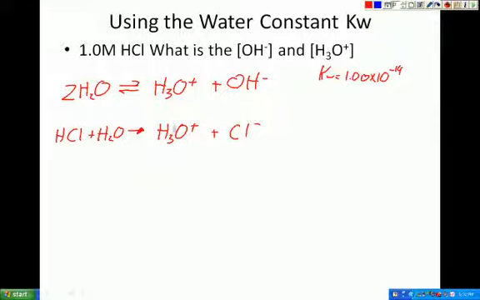Now, kind of like in solubility chemistry, we have a common ion effect here.